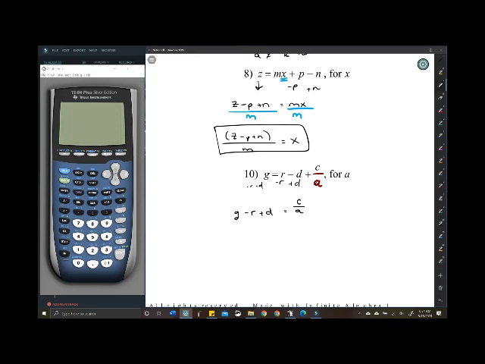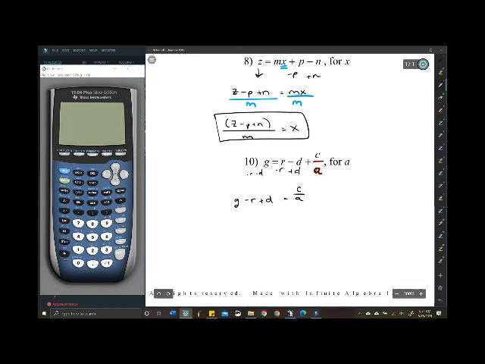Now, the fix here: a is in the denominator, and we need to move c over here. So really, the easiest way to do this is to multiply each side by a.